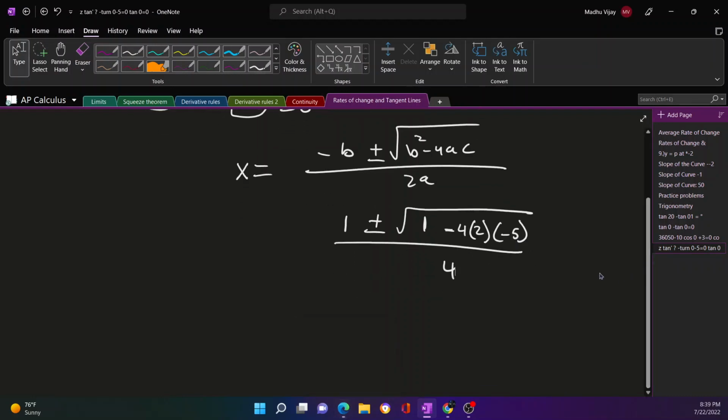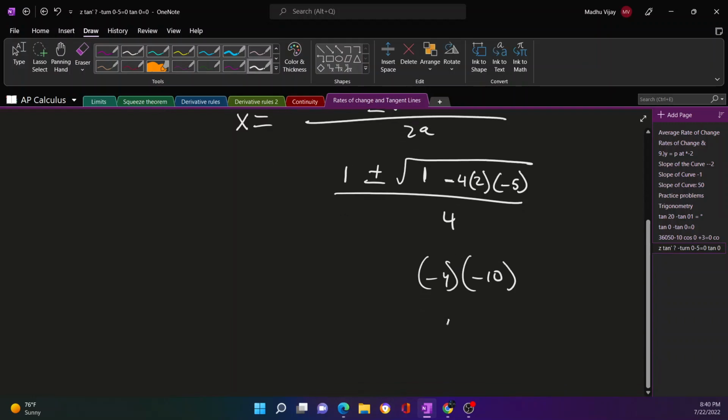So now, if we simplify this further, actually let's simplify what's under the root symbol first. So that would be 5 times 2 is -10 times -4. So this would be 40, 1 minus 40. Or am I doing this wrong?